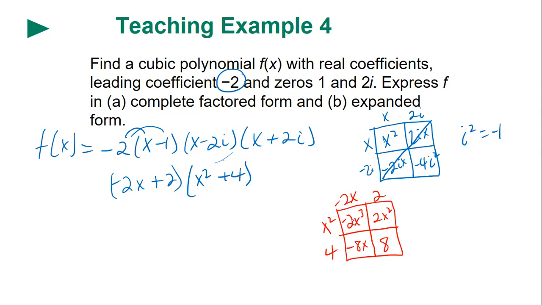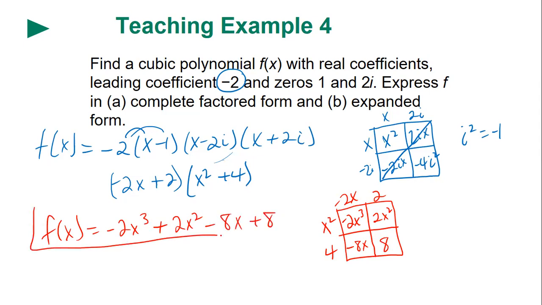My box is completed, which means I am done multiplying. My solution is just going to be in order of the powers. So it equals -2x cubed plus 2x squared minus 8x plus 8. And that is my expanded form.